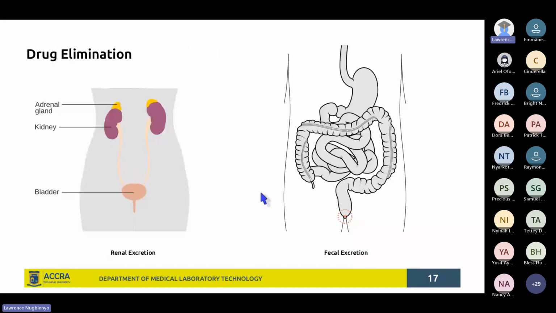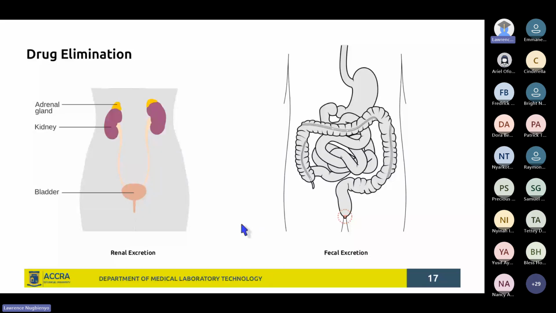Now we've gotten to excretion of the drug, what you're referring to as elimination. And you see you have different routes by which the drug is eliminated. Drug which is eliminated through urine, we refer to as renal excretion, where you have the kidneys, where urine is formed, and then that urine is stored in the bladder and then excreted.